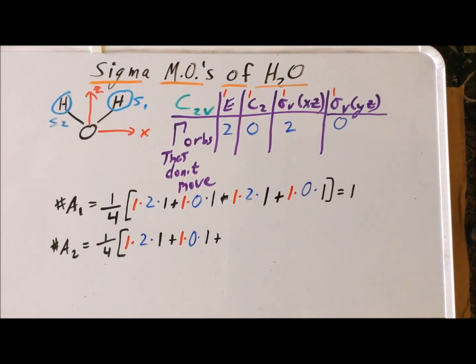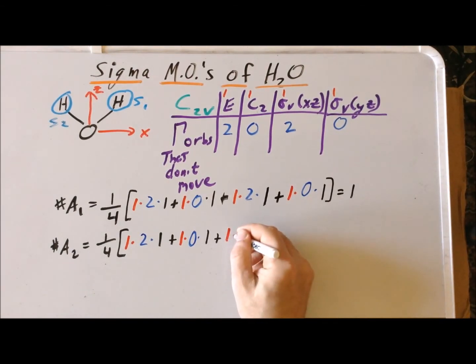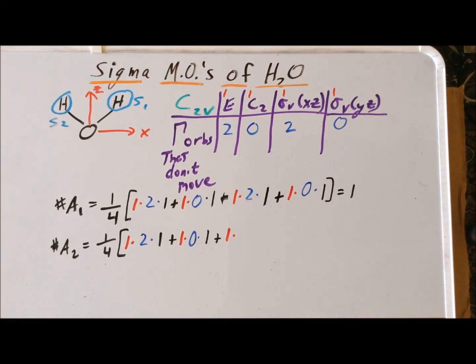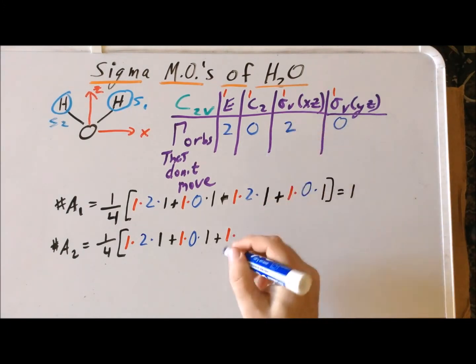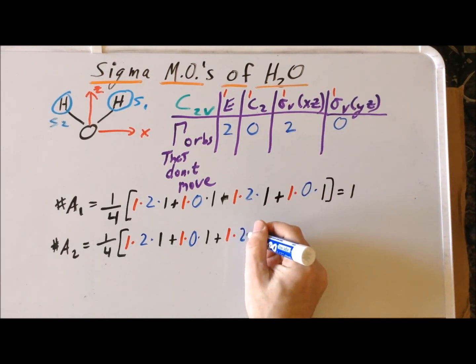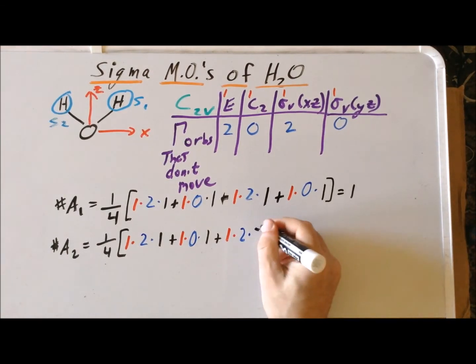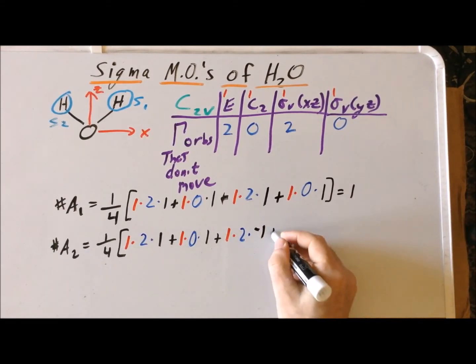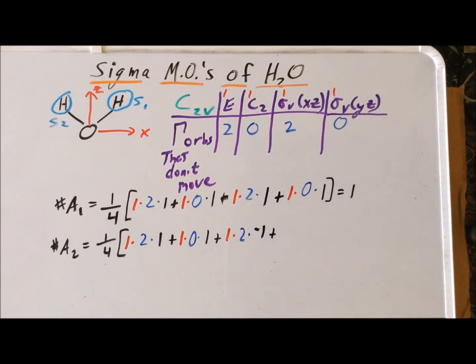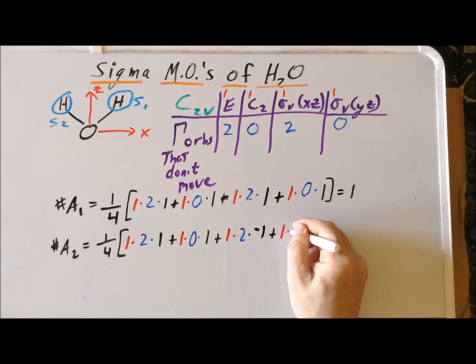For the third class, the number of operations is 1. The character from the reducible representation is a 2, and the character from the irreducible representation is a -1 for A2. For the fourth and final class, there is 1 operation in the class.